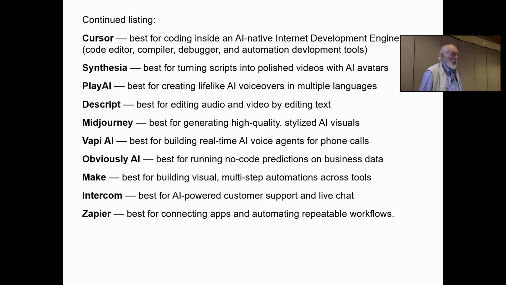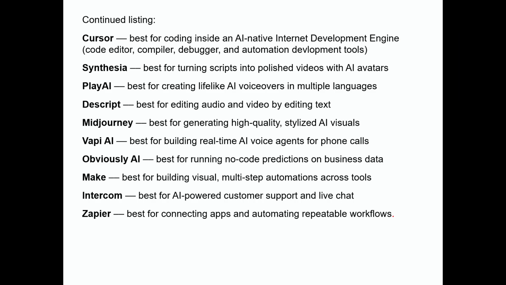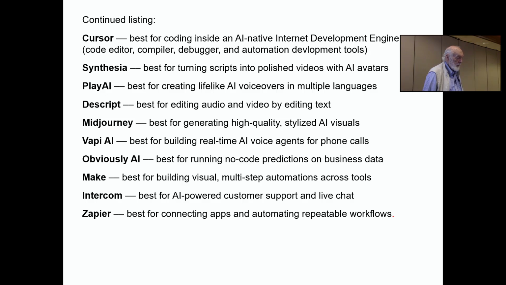Cursor, coding, Synthesia, turning scripts into polished videos with AI avatars. Play AI, best for creating lifelike voiceovers. As little as 3 seconds of your voice can be translated into a script and a set of instructions that you will have difficulty telling exactly what's going on.